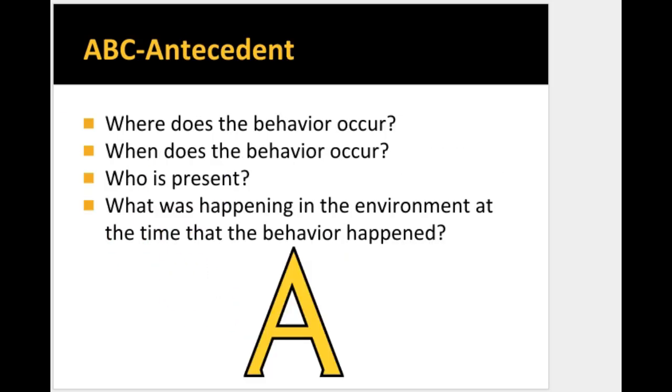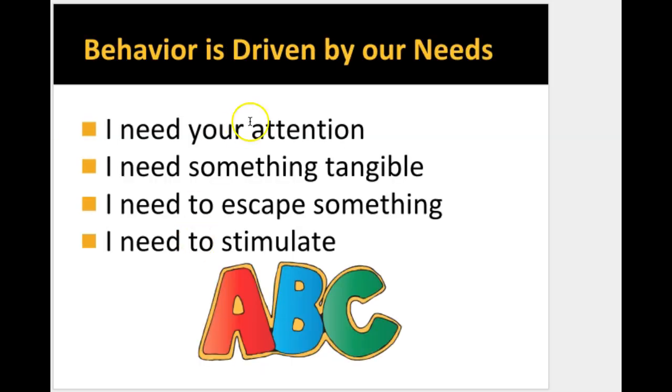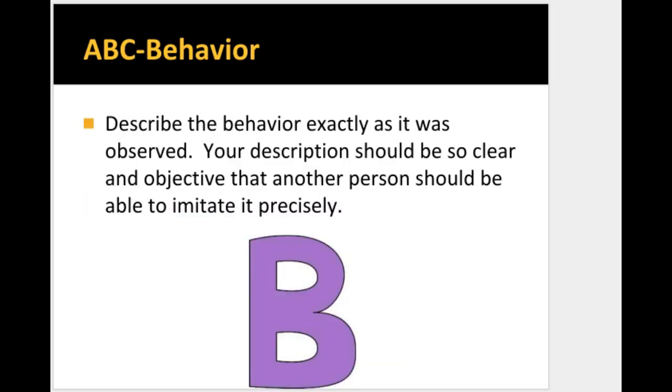And then I might look at, okay, what was happening in the classroom before that happened? Here's the behavior. And then what happened afterwards? Because sometimes the consequences could actually be causing the behavior. If that child is trying to get attention and the consequence of their behavior was they got attention, then we need to change the consequence. If the consequence of the behavior was that they got out of the room and that was what they were after, then we have to change that consequence so that the behavior stops.